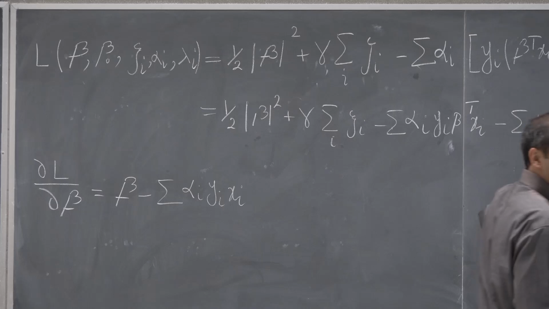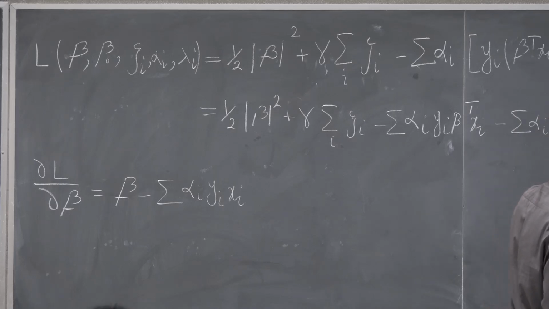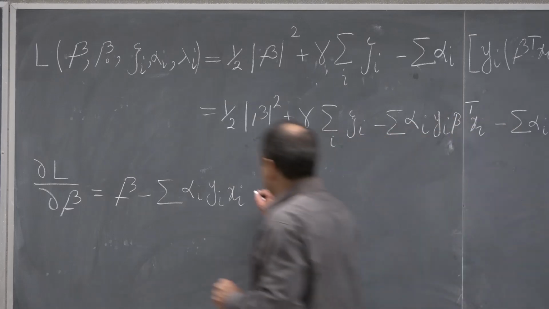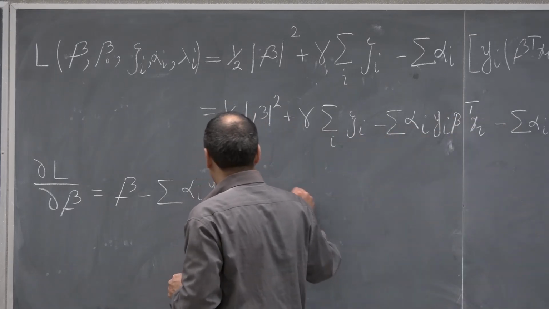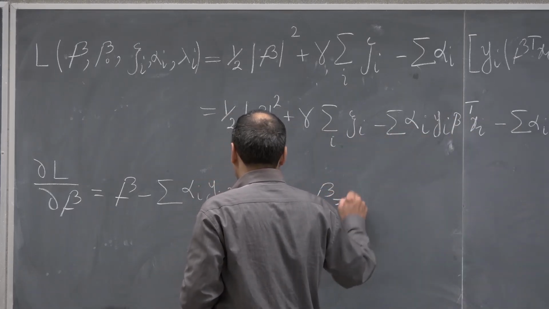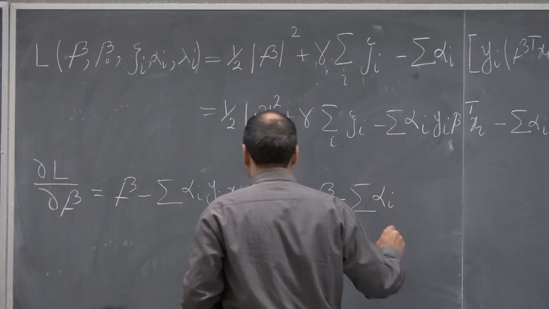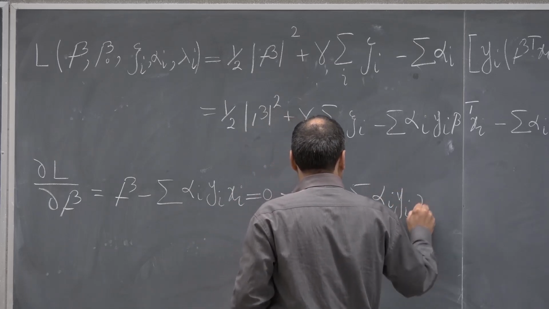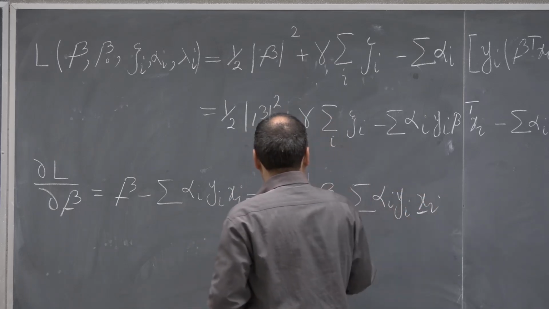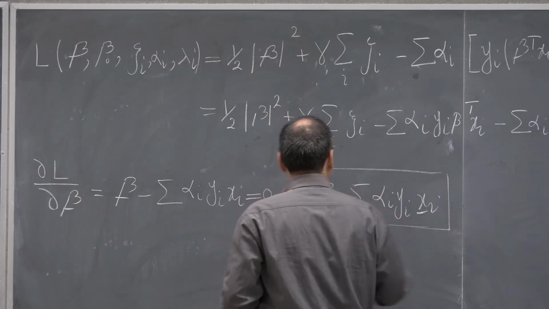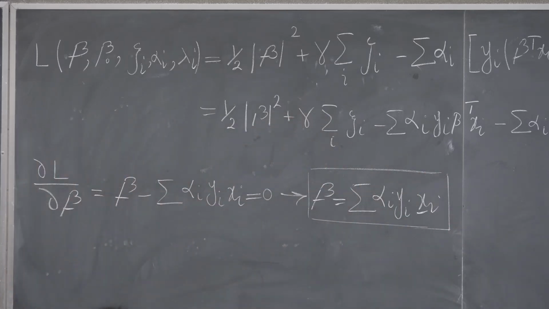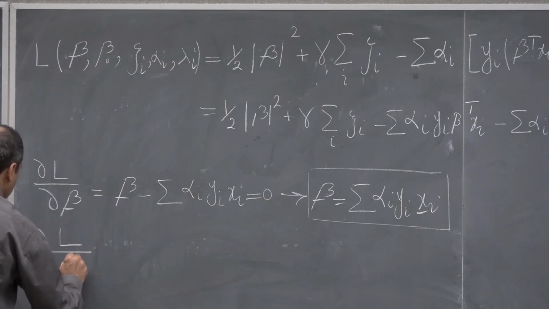This is 0, 0, 0, 0. So this is equal to 0. It means that beta is equal to sigma alpha i, yi, xi. And we had this in hard margin as well. We had exactly the same thing. So let's take derivative with respect to beta null.